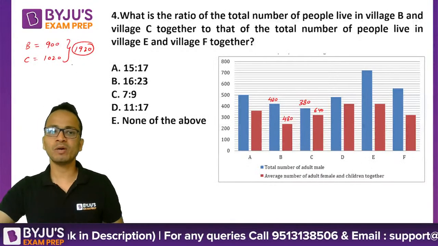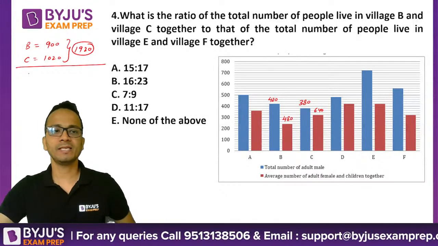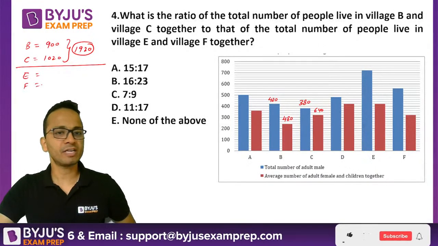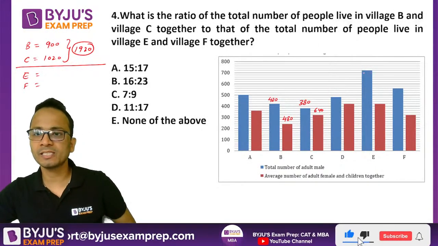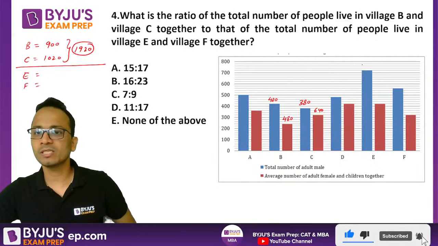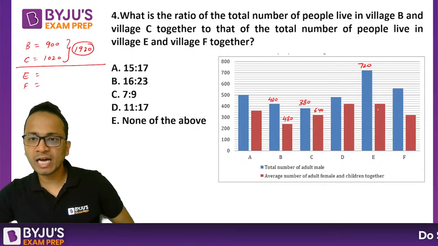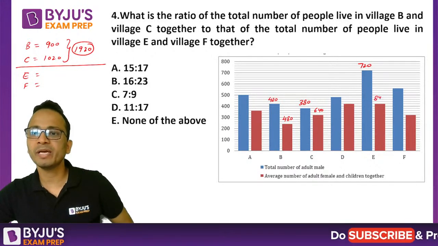Now let's see with whom we have to find its ratio. Village E and F together. So let's calculate E and F at a similar level. 720. So this is 720 number of males. And the average of number of females and children is 420, so it will become 840.